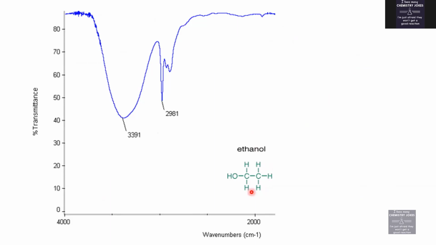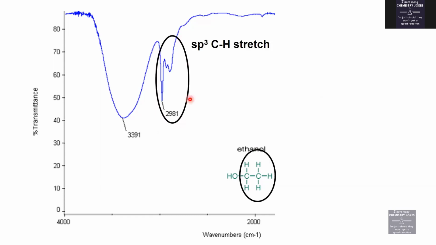We said ethanol has carbons and hydrogens and only single bonds. We called this functional group an alkane if we were naming it a functional group. And remember, this set of peaks is the alkane stretch area. It's officially the sp3 CHs that are stretching in ethanol. But look, there's something else that does some stretching in ethanol.